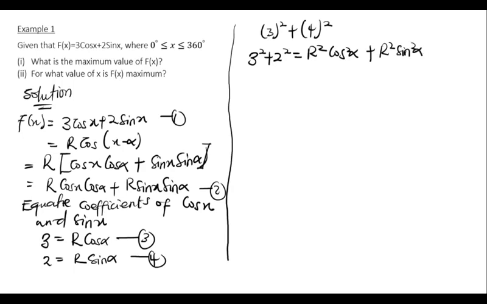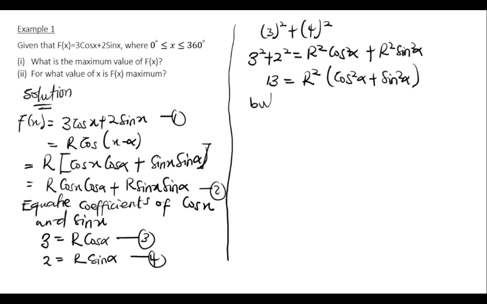So we have over here 3 squared is 9 plus 2 squared is 4. So 9 plus 4 will give us 13, is equal to, we have r squared common here, so we factor it out. Then we have cos squared alpha plus sin squared alpha over here.